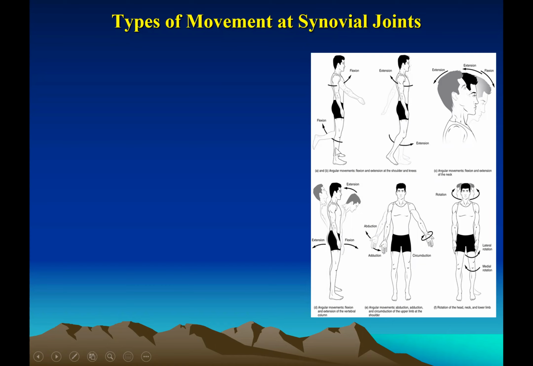You can do the same with your knee, your neck, and your hip. Extension is again an angular motion in the anterior-posterior plane by increasing the angle. If you go beyond the anatomical position, it is called hyperextension.